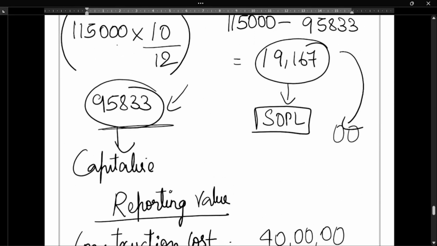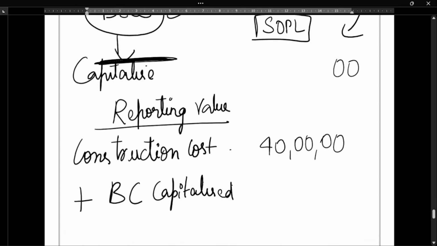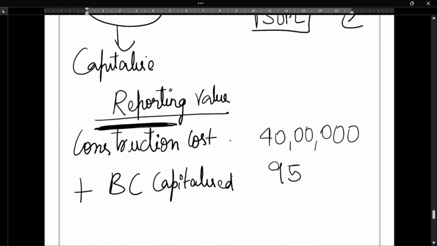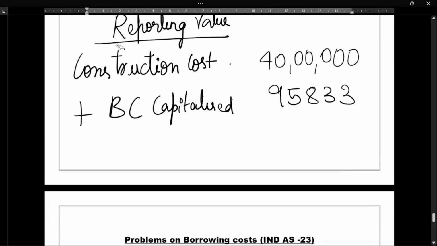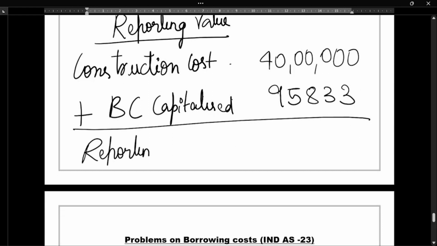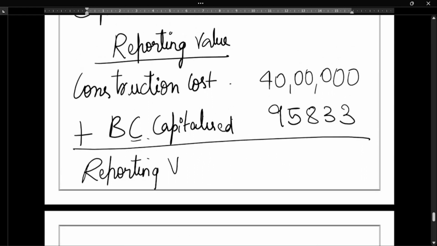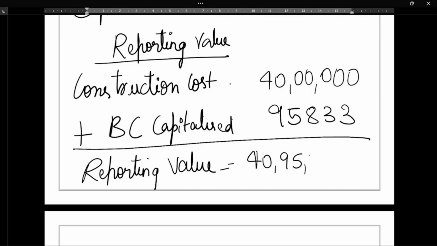Plus how much is the borrowing cost capitalized? It is 95,833. If you add all these things, you will get the reporting value. So the answer will be 40,95,833. Hope you have understood how to solve the problem.